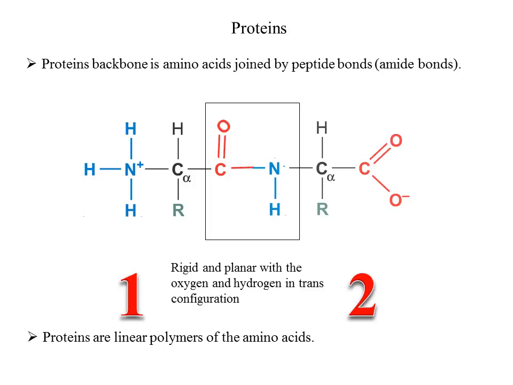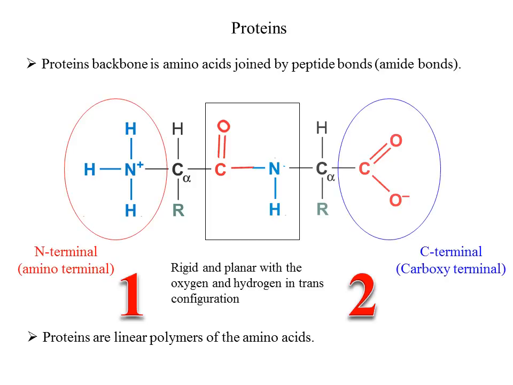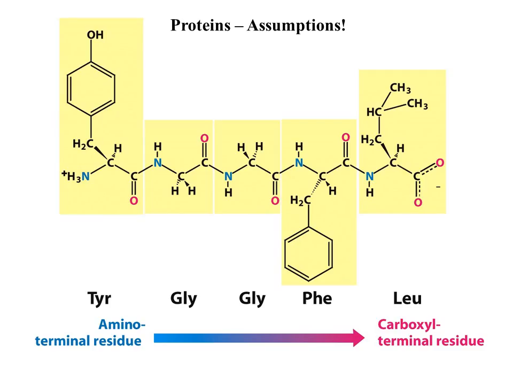And one of the things we mentioned as well is that there is a directionality in any peptide, where we have an amino terminal and a carboxyl terminal. So in a peptide sequence, you always assume you start from the amino to the carboxyl terminal. And for each amino acid, we talk about a carboxyl side and an amino side.